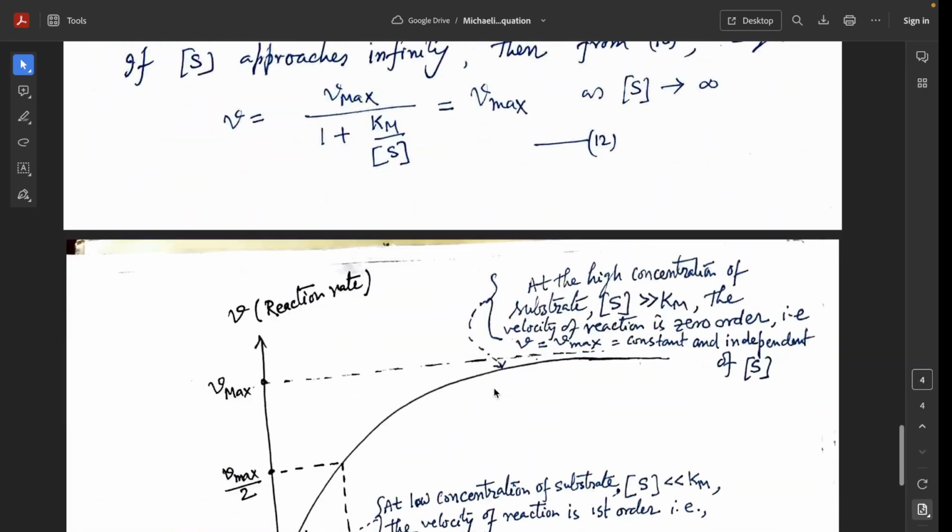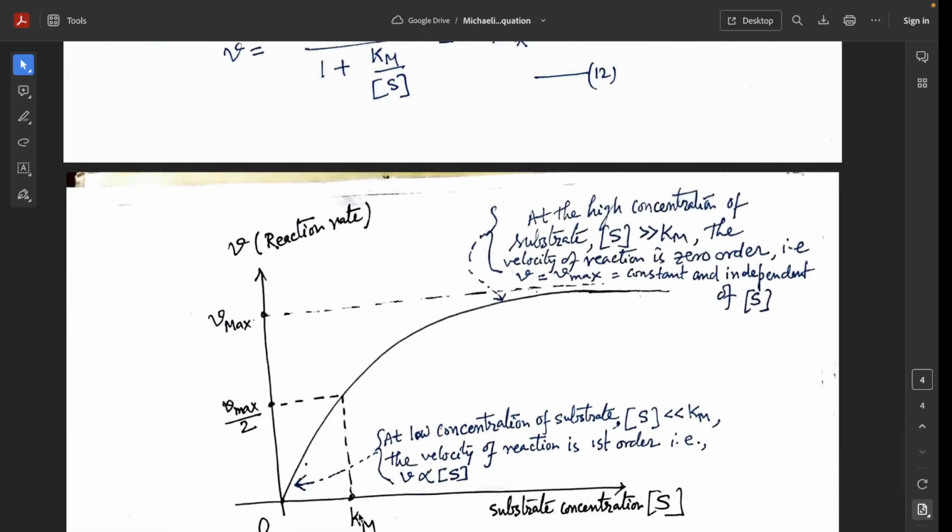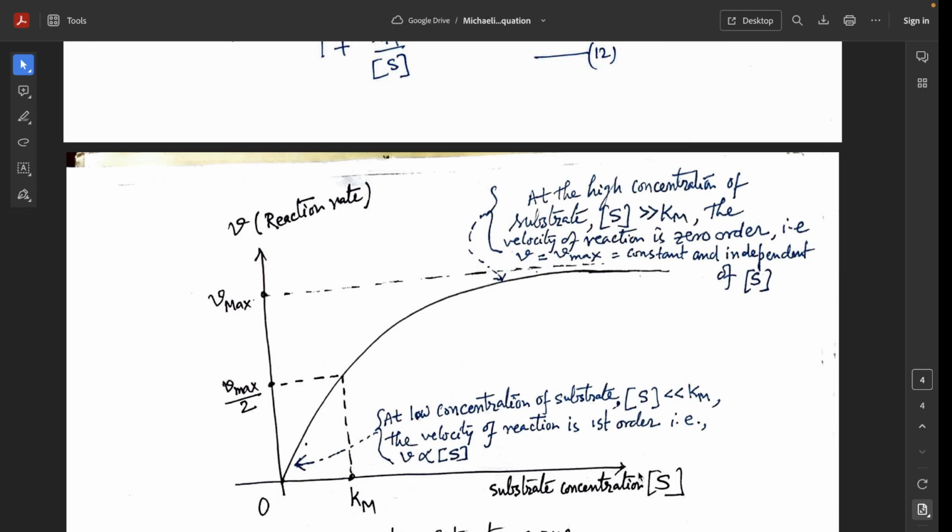From this graph, this is the substrate concentration and the vertical axis is the reaction rate V. When S tends to infinity, V goes to Vmax. Vmax is constant, and this is the initial value.